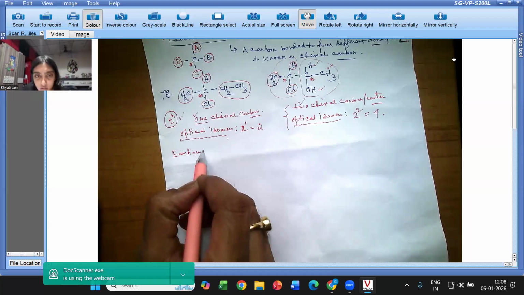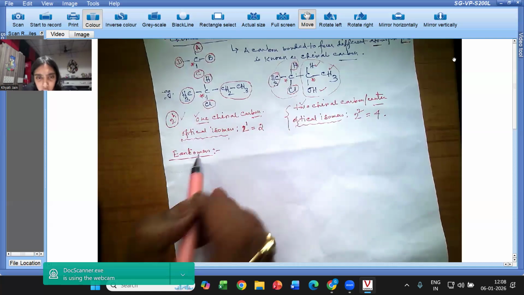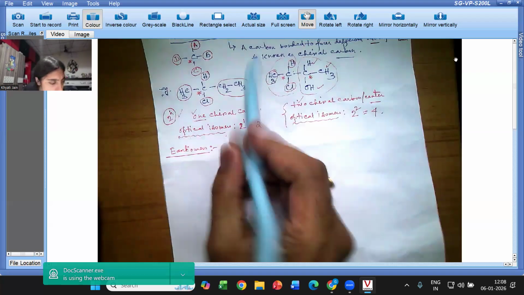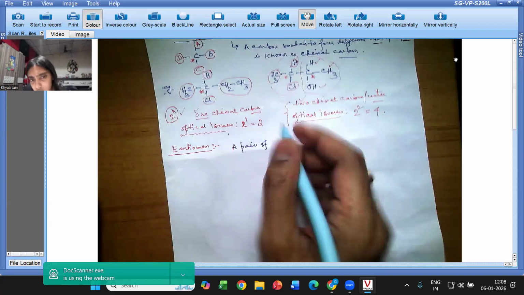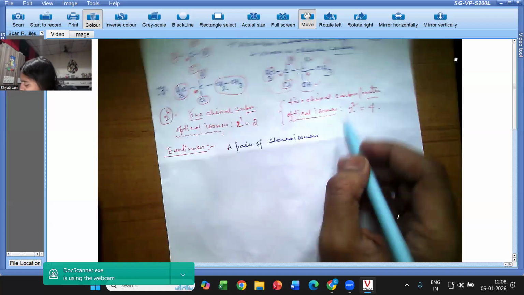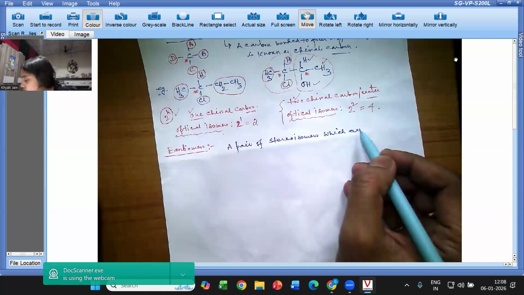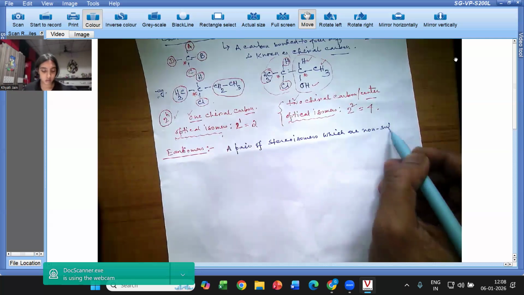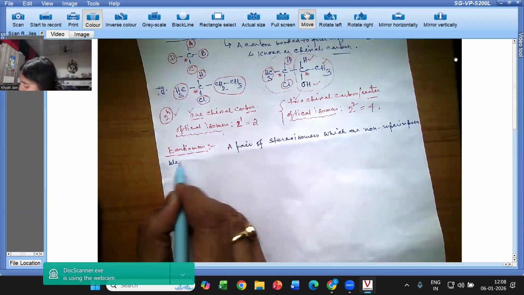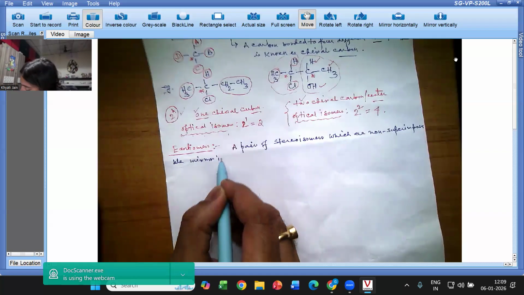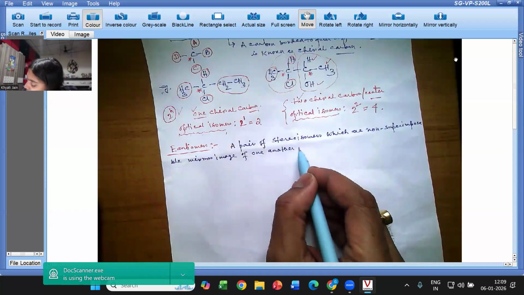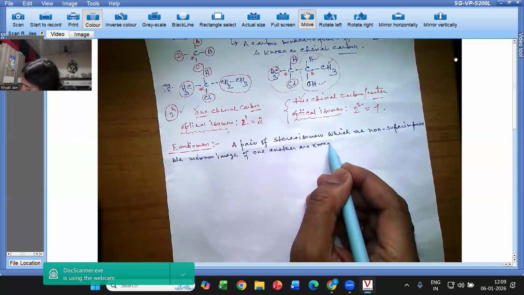Next is now enantiomers. First is the definition: a pair of stereoisomers which are non-superimposable mirror images of one another are known as enantiomers, right?